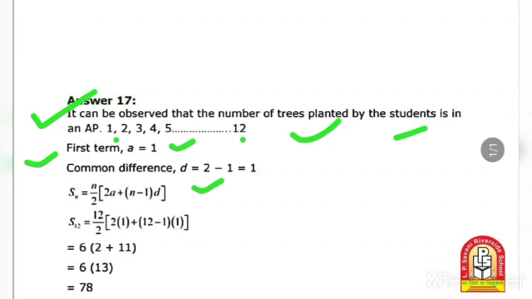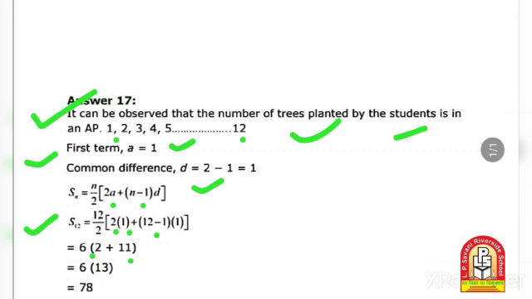Then 2a plus n minus 1 into d, so 2 into 1 and 12 minus 1 into d. So here S12 is 12 by 2, that is 6, and 2 multiplied with 1, that is 2, and 12 minus 1, that is 11. So 11 plus 2, that is 13.